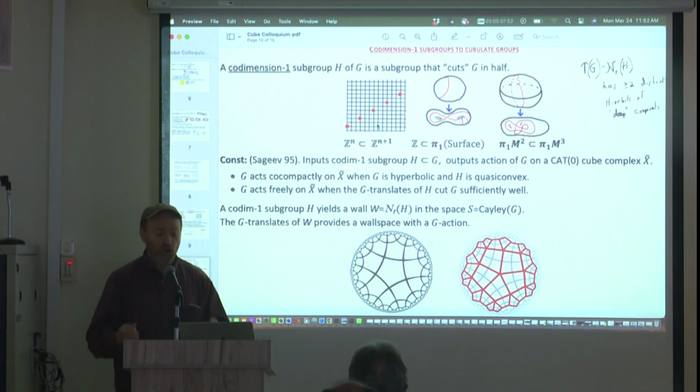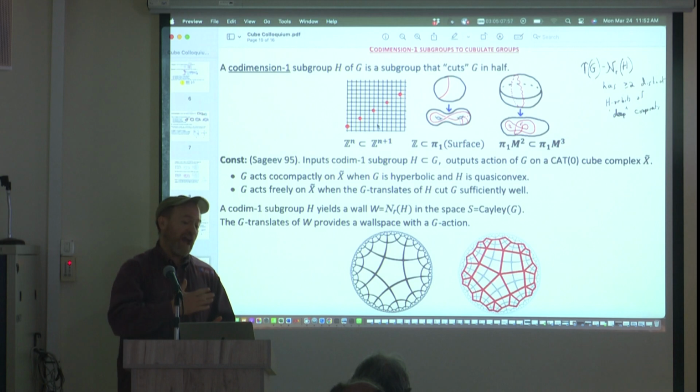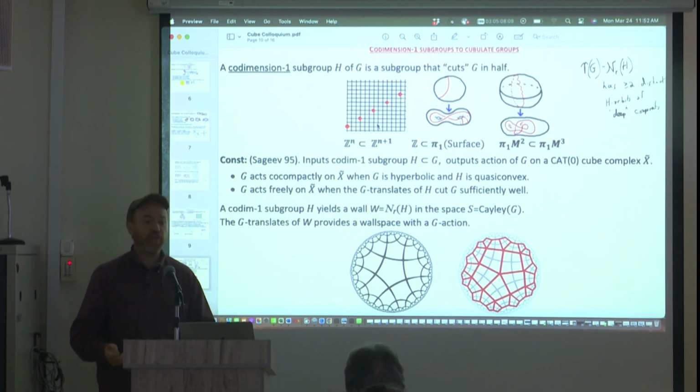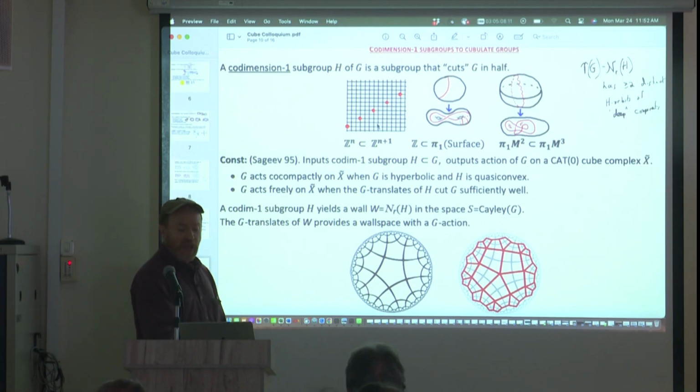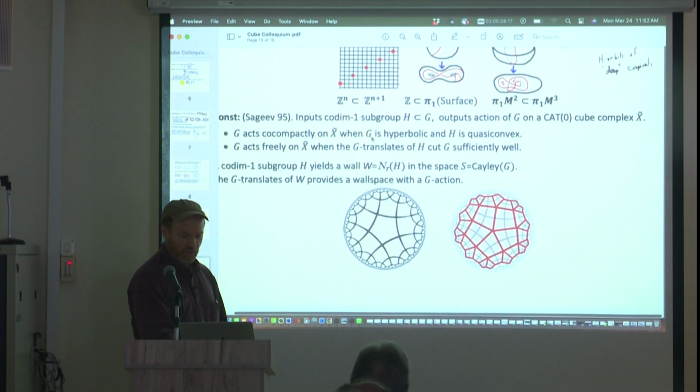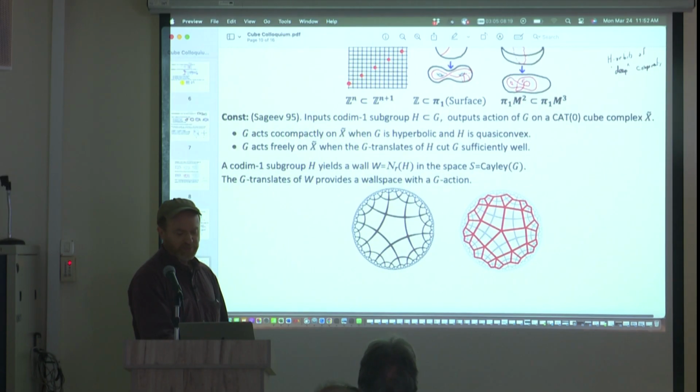The group acts by permuting all of your walls, so it's easy to believe that the group is now acting on the associated dual cube complex. That was Sageev around 1995.